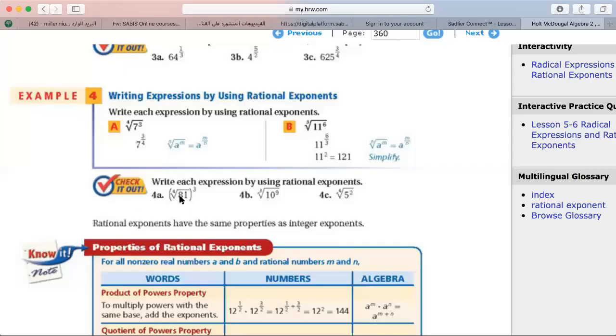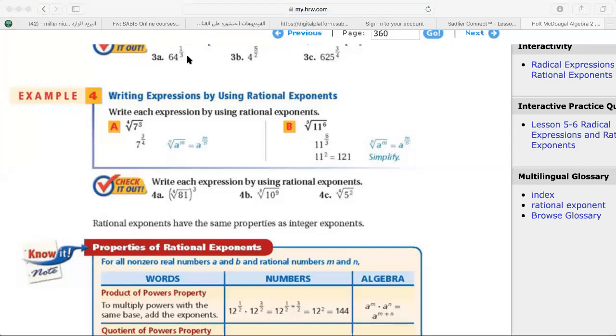If I solve for a here, I'm going to write 81 to the power, the index is 4, so the denominator is 4, and the numerator is 3.